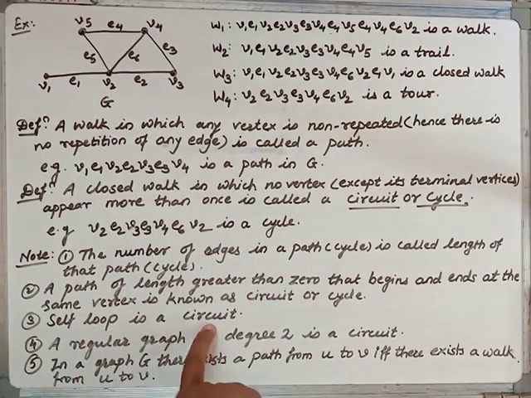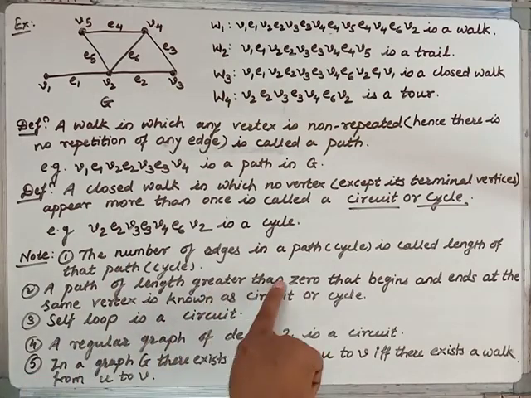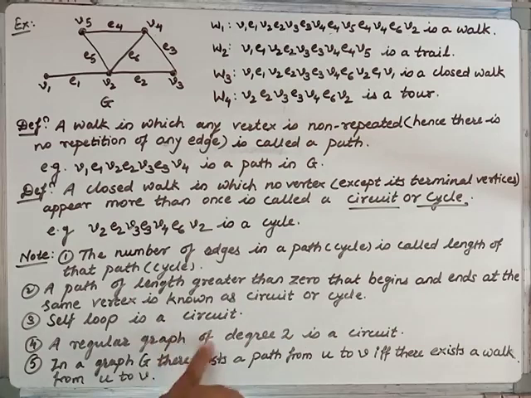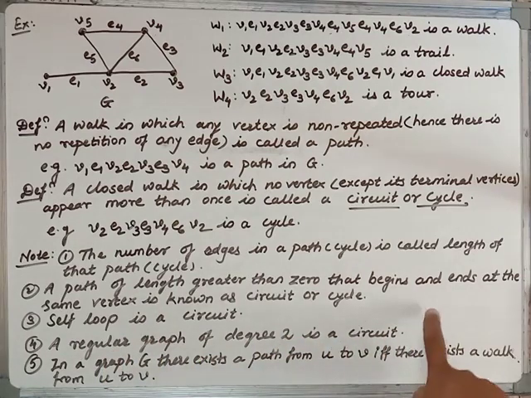A self loop is a circuit of length 1, right? So that's why a path of length greater than 0 that begins and ends at the same vertex is nothing but a circuit, right? A regular graph of degree 2 is a circuit. That will be a rectangular graph.